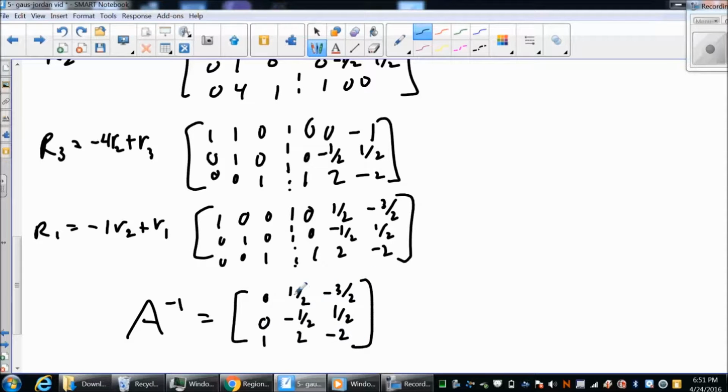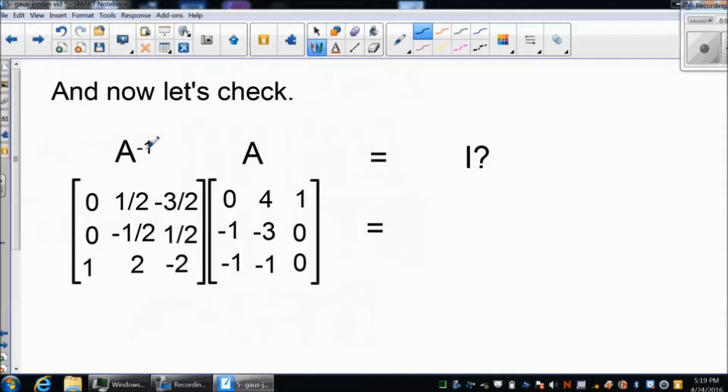And very often this matrix looks a bit messy. We're going to go ahead and check it now. So we're going to multiply rows times columns, to see if A inverse times A gets us our identity matrix. So 0 times 0, a half times negative 1 is negative 1/2, plus negative 3/2 times negative 1 is plus 3/2.